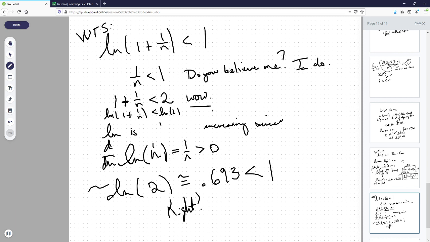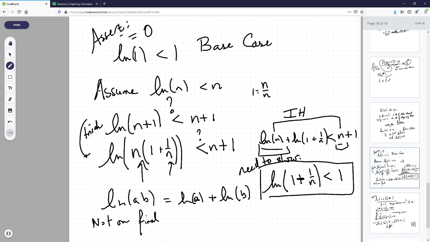So we can just draw a giant box on this now, because what we've shown is that the natural log of 1 plus 1 over n is less than 1. And remember, that's what we needed. This is the technical little bit that we need for this proof, because if you go back, we used the log rule to split this thing up into the natural log of n, which is less than n, and then you have the natural log of this garbage term. That's the whole point. You have to deal with the garbage.